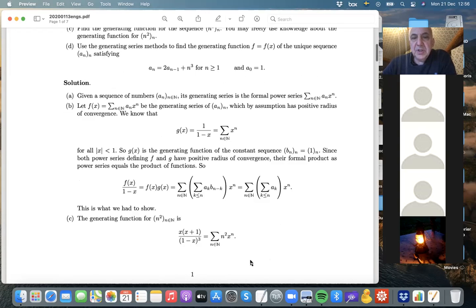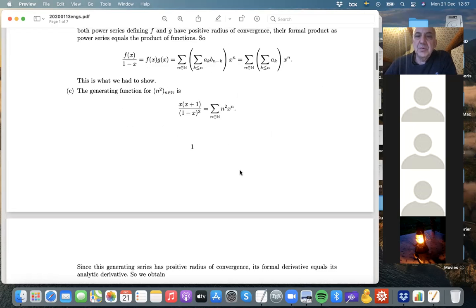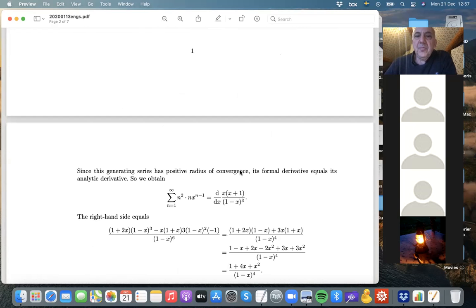Now, if we differentiate it, this function would be the generating function of the termwise differentiation of this series. So if we differentiate this series termwise, we'll get the sum of n cubed x to the power n minus 1. So it's almost what we need. And that's what it says here.